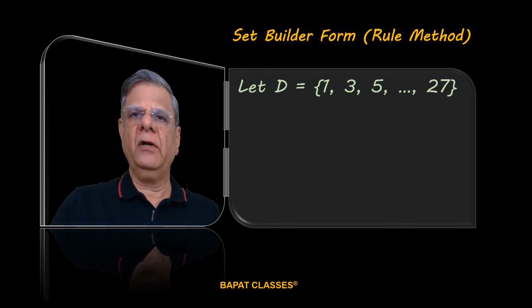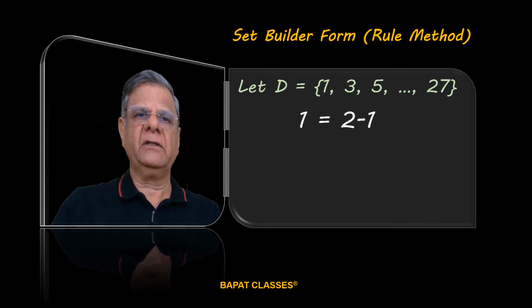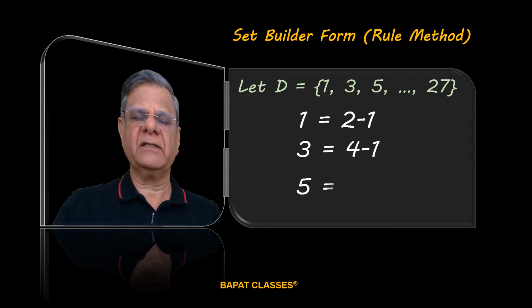Here, all elements of set D are odd numbers less than 28. We know that odd numbers are 1 less than even numbers. For example, 1 is equal to 2 minus 1, 3 is equal to 4 minus 1, 5 is equal to 6 minus 1, and so on.